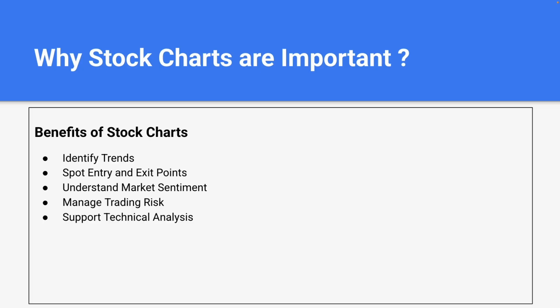Charts help traders to determine whether the stock is rising, falling, or moving sideways. Technical analysis relies heavily on the chart to identify buying and selling opportunities. Good chart analysis can improve decision making and reduce emotional trading. So those are the benefits of charts in the stock market.